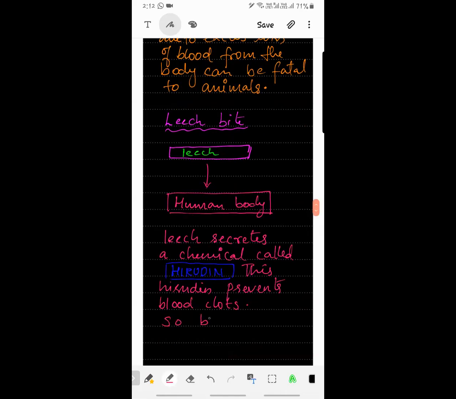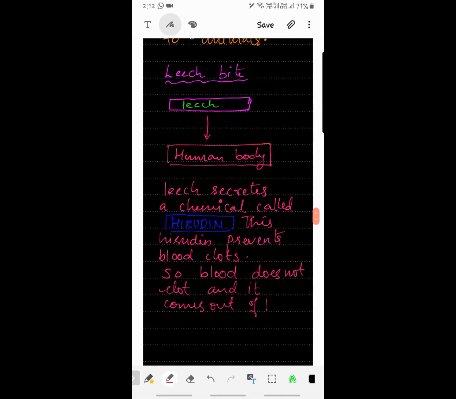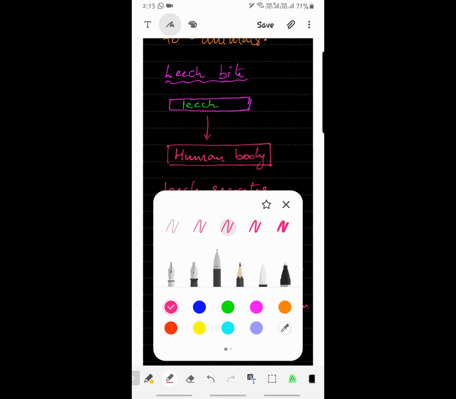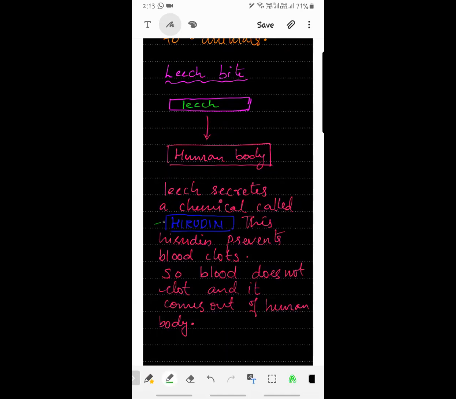So the blood does not clot and it comes out of the human body. Yes, it is like a worm. So this mainly happens due to this chemical, hirudin.